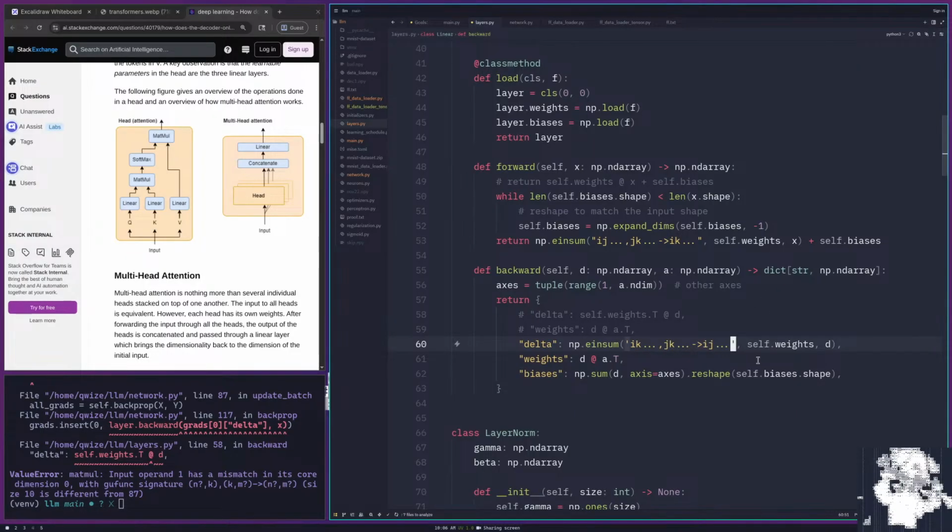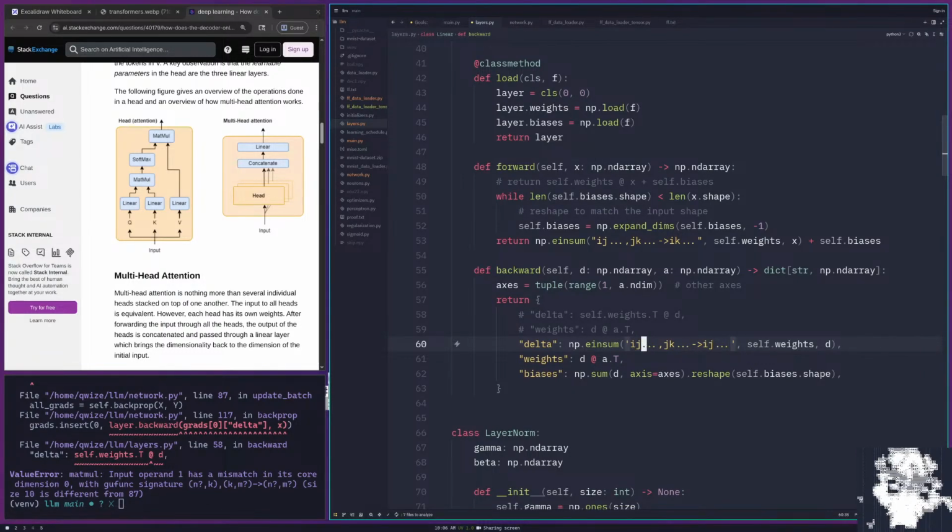The weights are the thing that are the same. IK is the output. Well, no. Yes, actually, I think that's right.